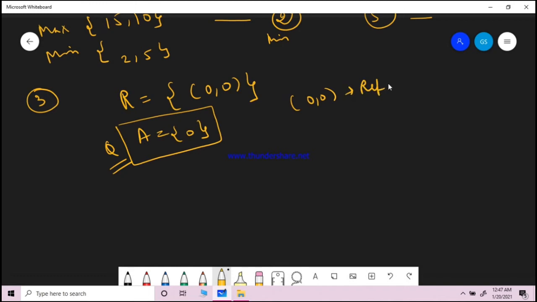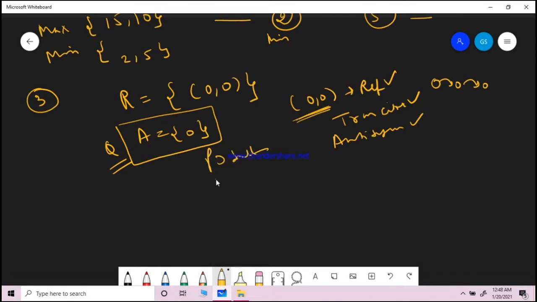Reflexive property is true. If you want to check, transitivity is also true. 0 is related to 0. Transitivity is also true. And what about antisymmetric? As this is a diagonal element, antisymmetry is also true. So this is a poset.